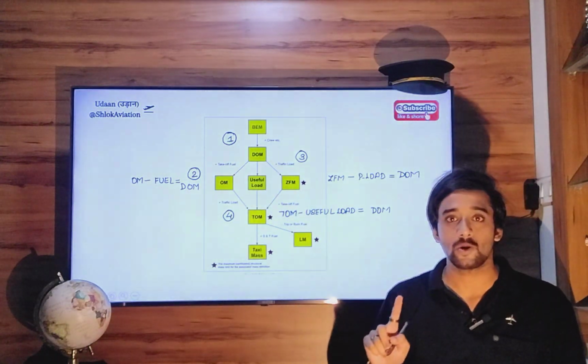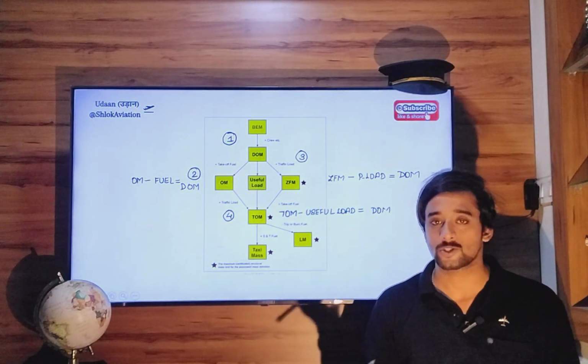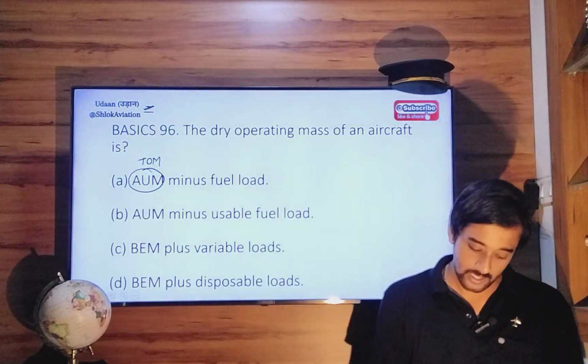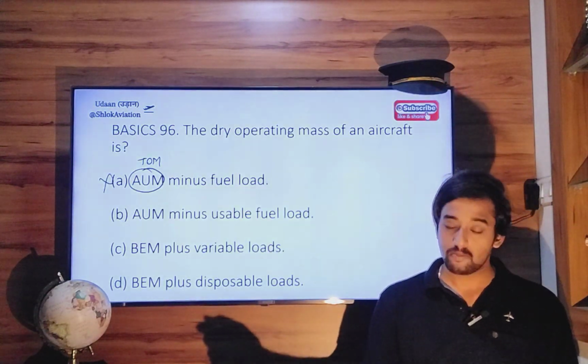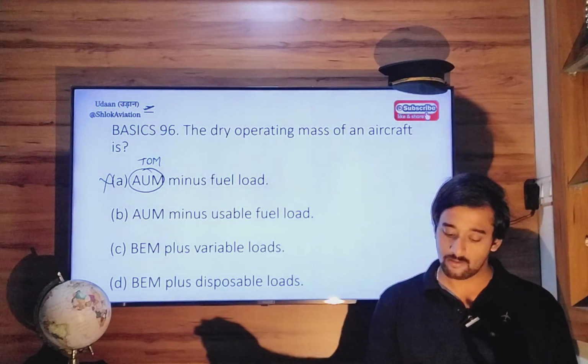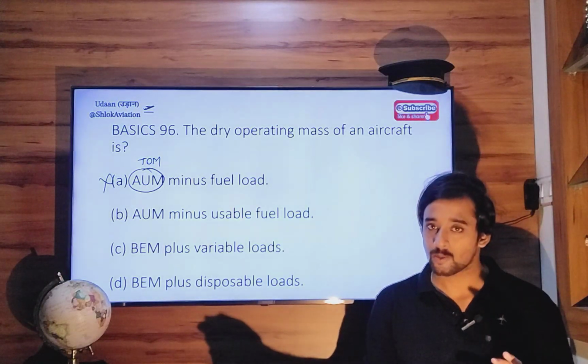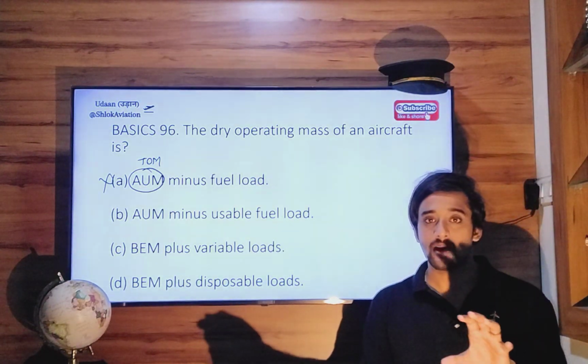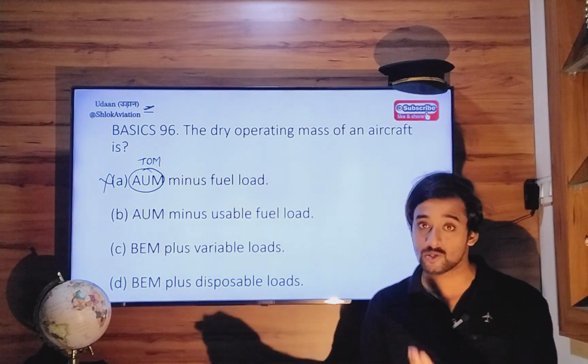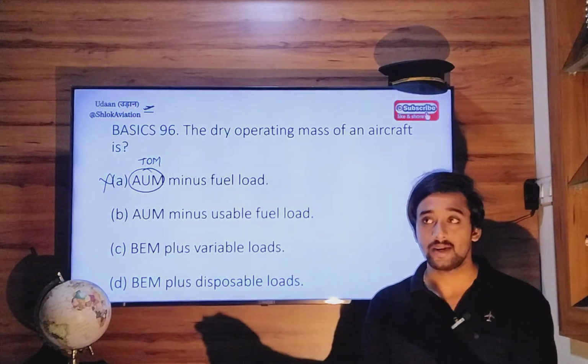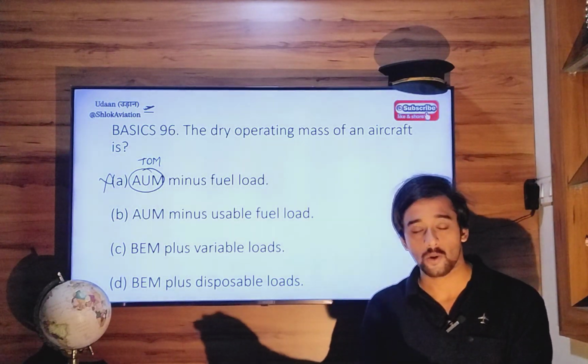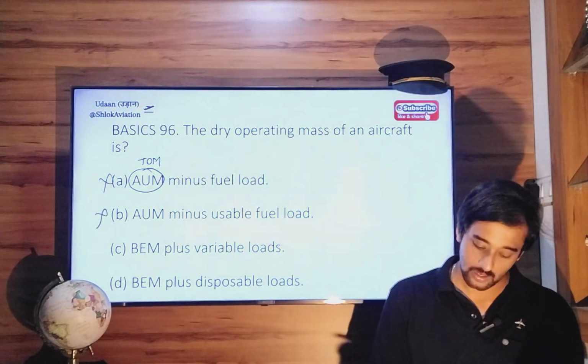Not just the fuel load, but also payload or traffic load. So we disregard option Alpha. All up mass minus usable fuel load is similar to option A. We know that it's all up mass minus fuel, that is usable fuel, and traffic load or payload. So Bravo is also wrong.